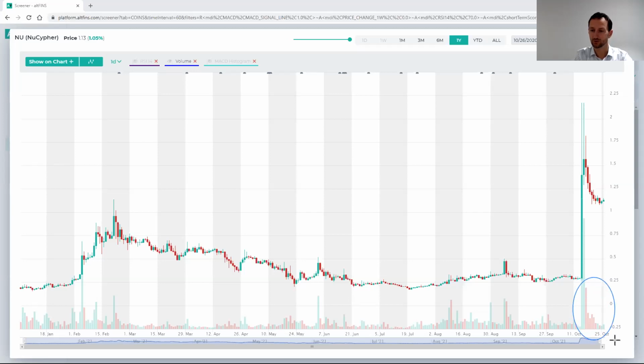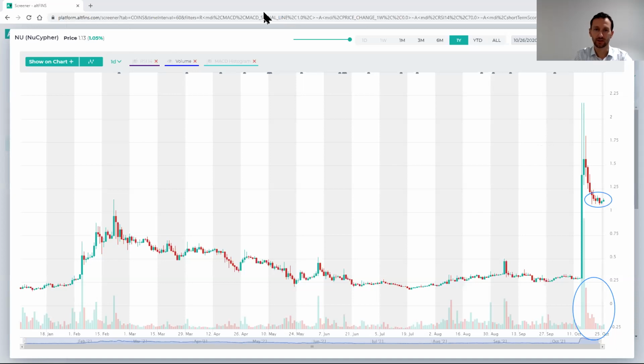As you can see, the red bars, as the price begins to correct and consolidate, pull back, the red bars are getting smaller and smaller. So the selling pressure is easing up. The sellers are drying up. And in fact, the price is starting to flatten out here.